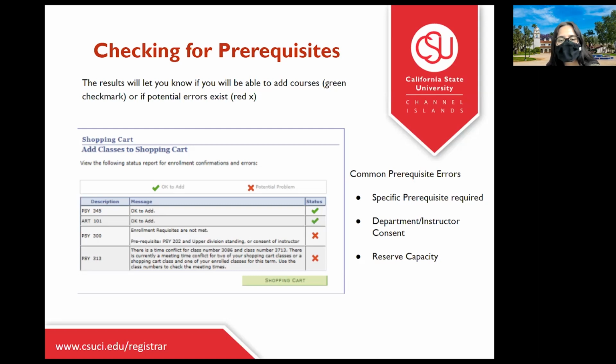Reserve capacity: this means that the department has chosen to reserve seating for specific majors or programs. We recommend that you find an alternate course to fit your schedule, but you can always contact academic advising for assistance. Additionally, you may contact the program for more information to check when those seats may become available.